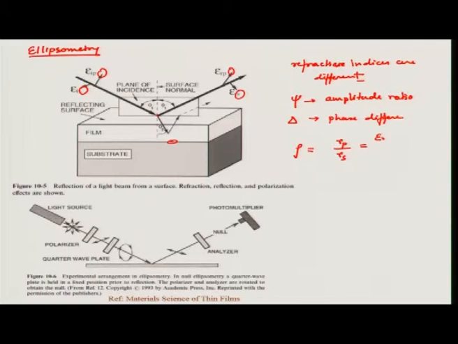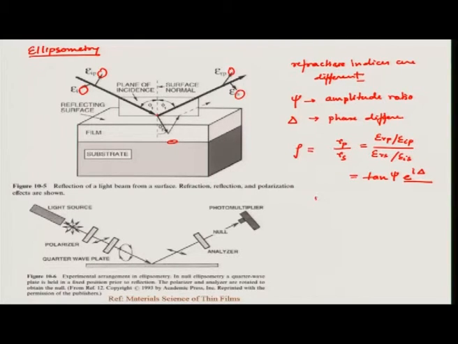And this we can define as the reflected electric field over the incident electric field, Rp over Rs, where these are the electric field reflected for the in-plane component, electric field incident for the in-plane component, and this is for reflected perpendicular and incident perpendicular component. And this you can define as tan psi, which is the amplitude ratio, times e to the power i delta, which is the phase difference.